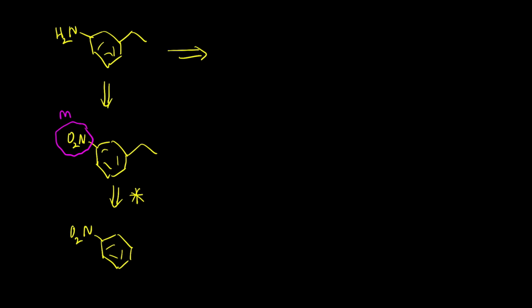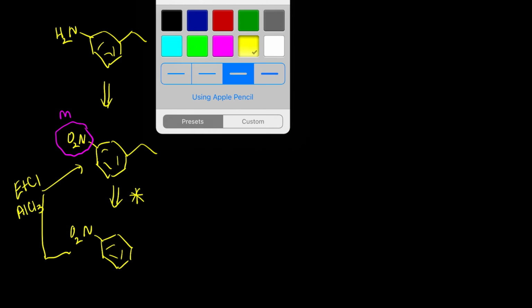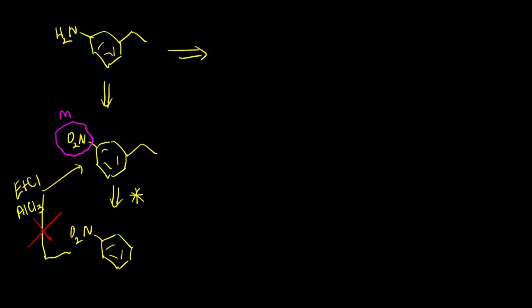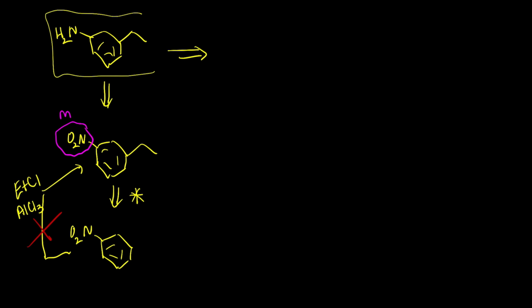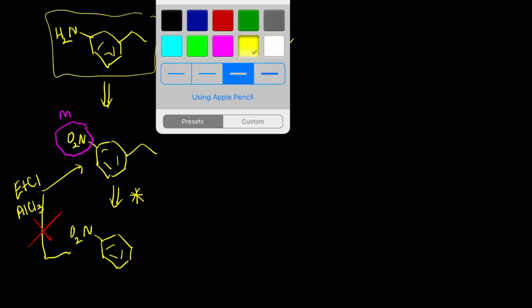But this has a problem associated with it, because if you treat nitrobenzene with chloroethane in the presence of aluminum trichloride, this reaction does not occur because it's too deactivated for the Friedel-Crafts reaction. So the better way of thinking about this is that this molecule here could possibly come from this molecule here.